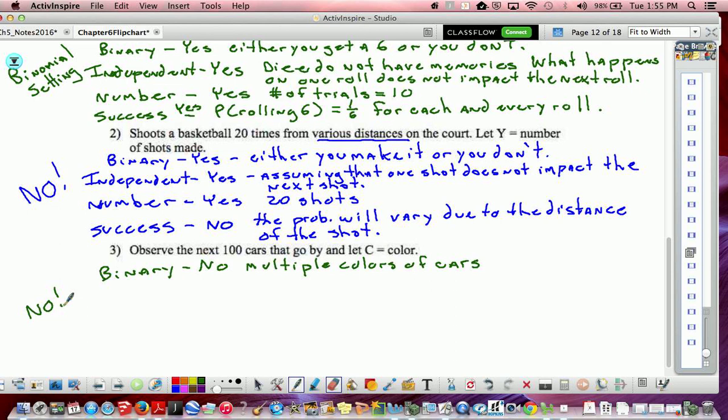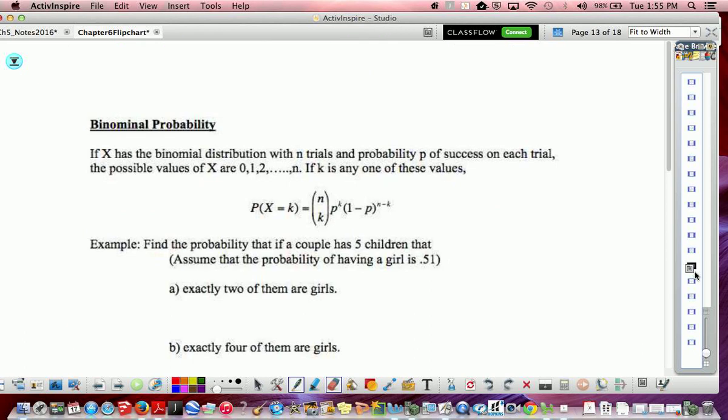So now the question becomes, how can we go about calculating these binomial probabilities once we get a setting? So if we go to the next page, we have this binomial probability. But I want to show you where it's coming from. So I'm going to give us a situation.